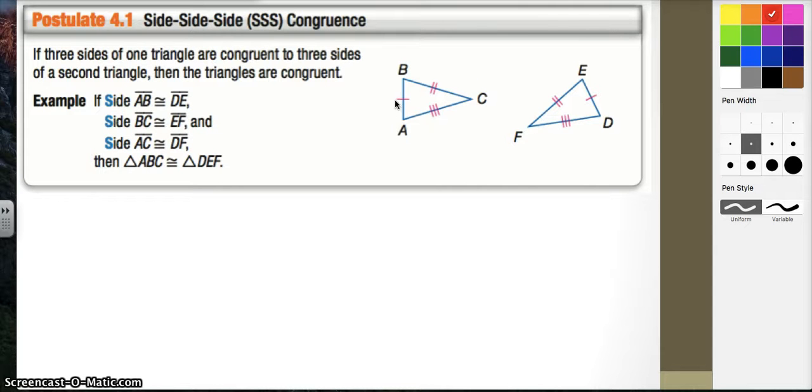So since side AB is congruent to side DE, and side BC is congruent to side EF, and then CA and FD are congruent as well. Notice the ordering. AB is congruent with DE, therefore AB, DE. Notice that they're in the exact same place when naming the triangle and its congruent. So we've got to be careful about that. Cool? All right, let's take a look.